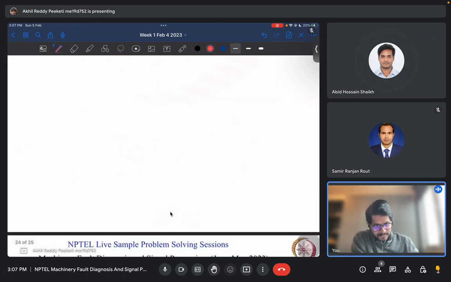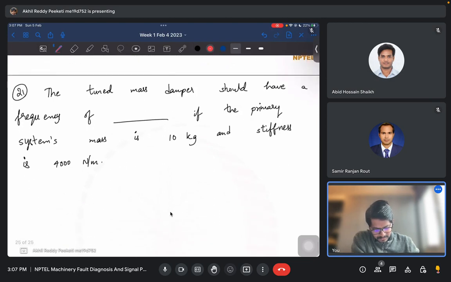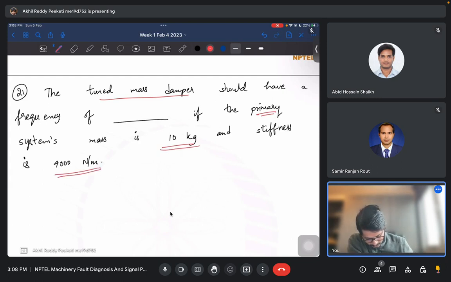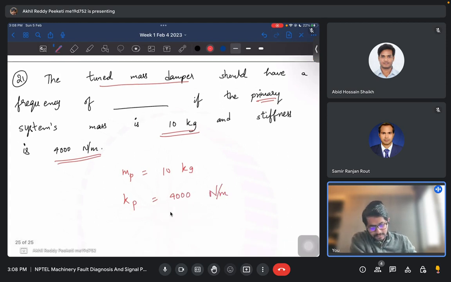Okay. Yeah. And so in a similar case, this is a question. We have been given the primary system's mass and stiffness. So the mass of the primary system and the stiffness of the primary system are given. Now, what should be the tuned mass damper's frequency?